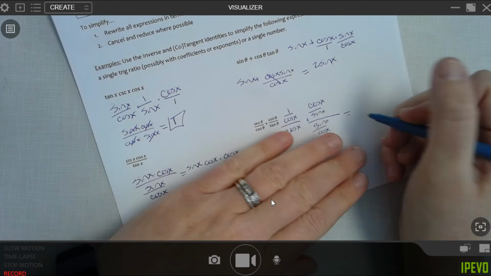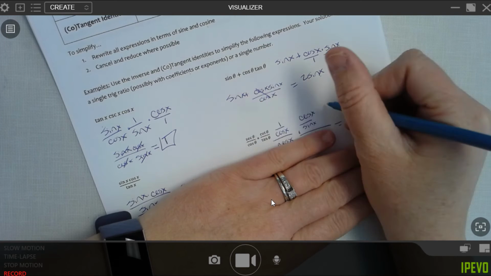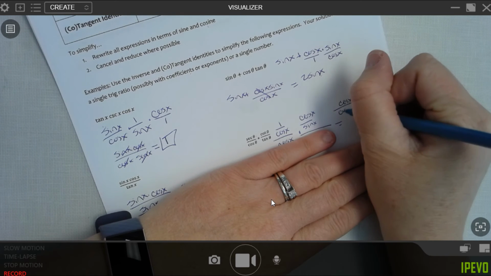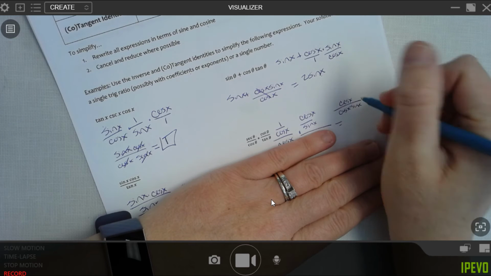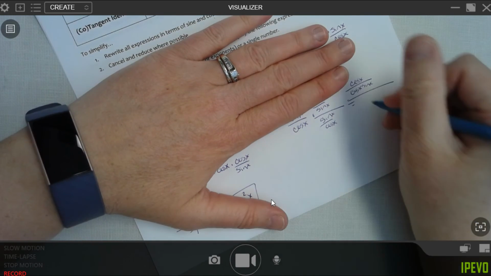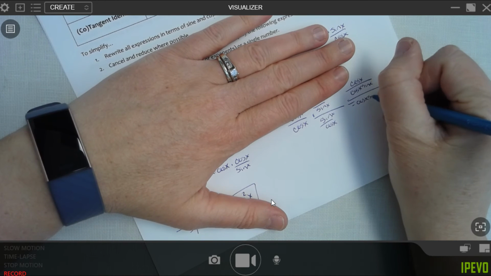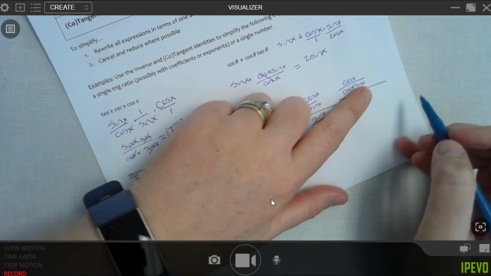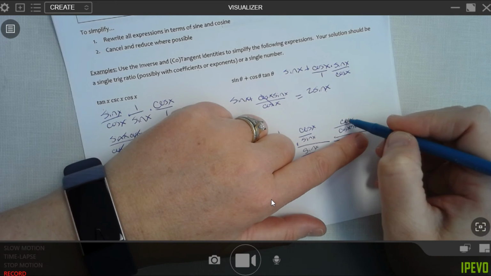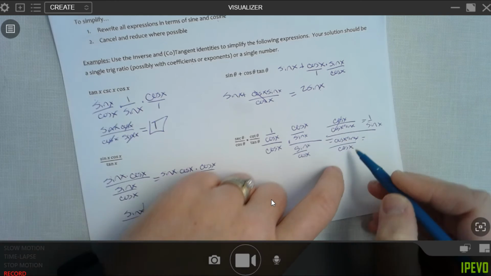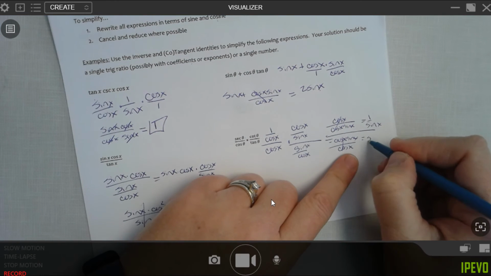So I'm going to multiply the top as one fraction and the bottom as another. The top becomes cosine of x over cosine of x, sine of x. Now I'm going to do the bottom part, multiply straight across: cosine of x, sine of x, over cosine of x. Now this is just one fraction here, so these two can cancel for me, and I'm left with 1 over sine x on top. On the bottom, again, the cosines cancel, and I'm left with just sine x.